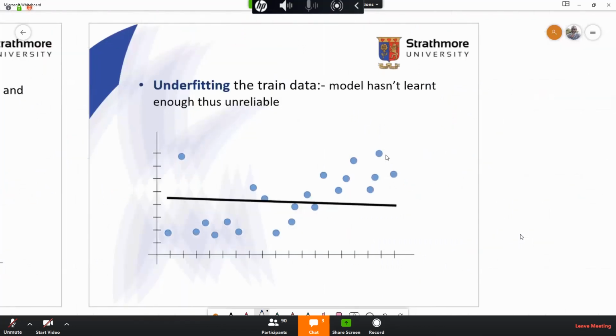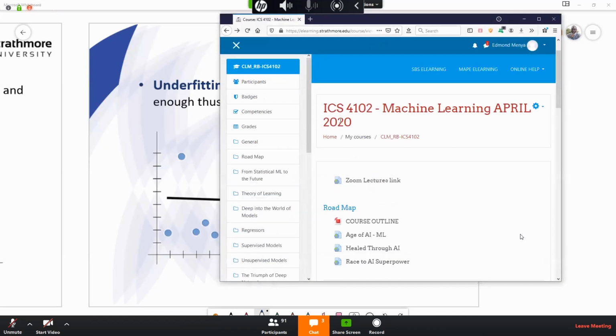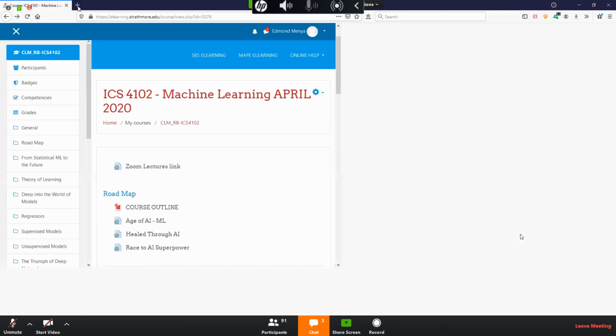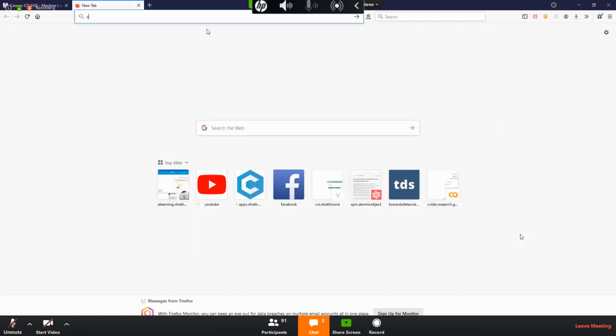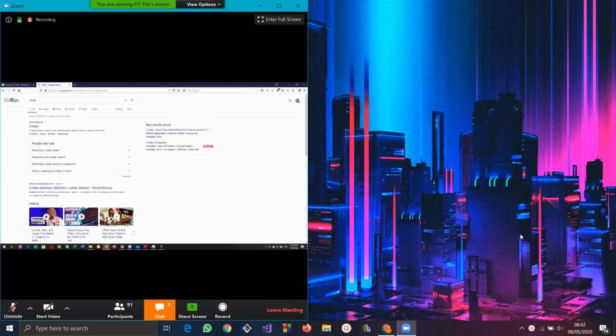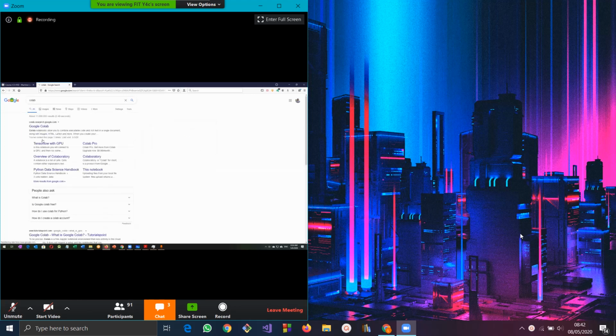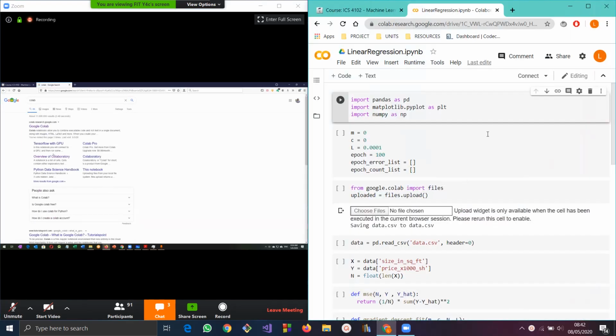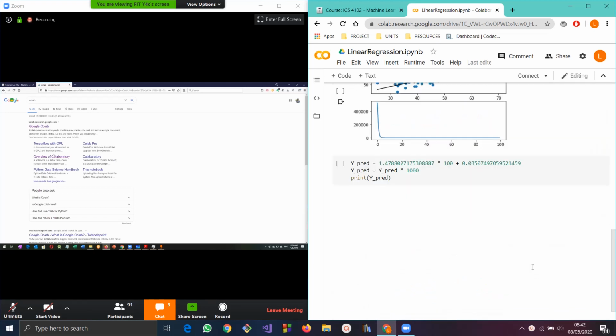So what underfitting is, is what we are going to discuss. But before we discuss underfitting, we want to try and simulate it. So let's open Google Colab and open that notebook that I shared with you.